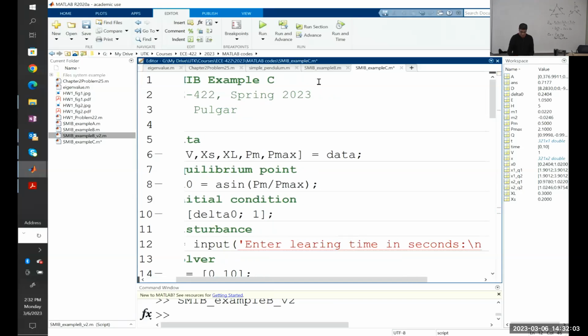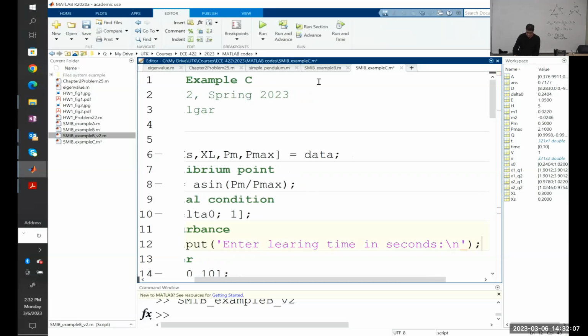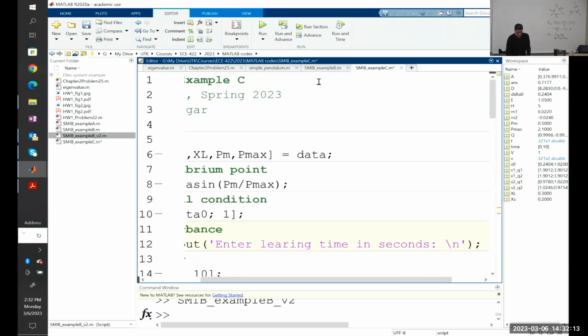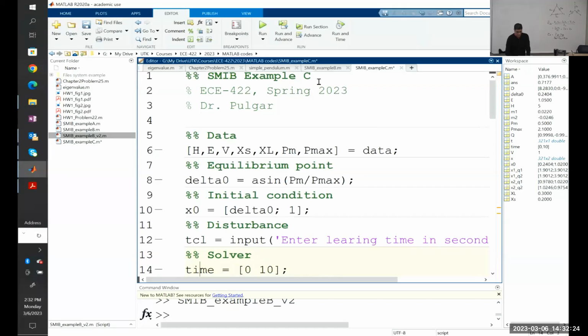So we have that as an input. There. So when we have that, the clearing time, the time for the solver, we're going to simulate the short circuit now. It's going to be from 0 to the clearing time.